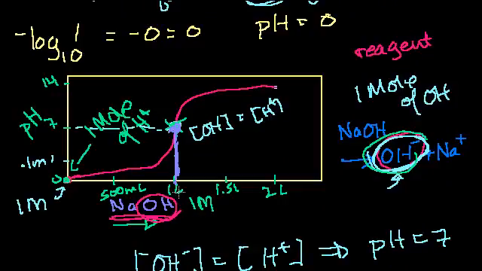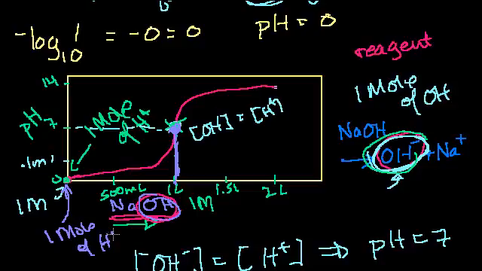It has a molarity of 1. So I must have added 1 mole of hydroxide to get to this point. So I must have neutralized 1 mole of hydrogen. So there must have been 1 mole of hydrogen to begin with. And since I had 1 liter of solution, I had 1 mole of hydrogen in 1 liter of solution. So my original molarity was 1.